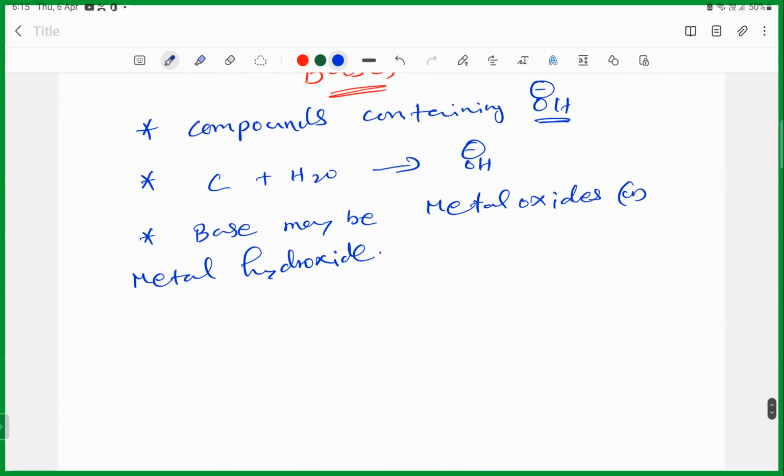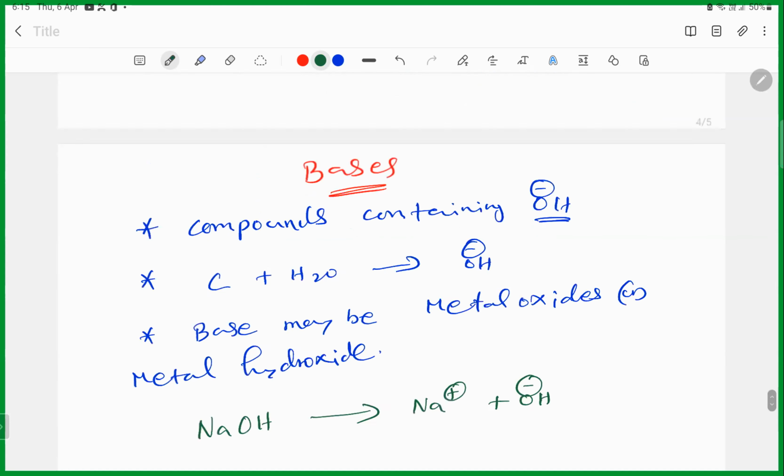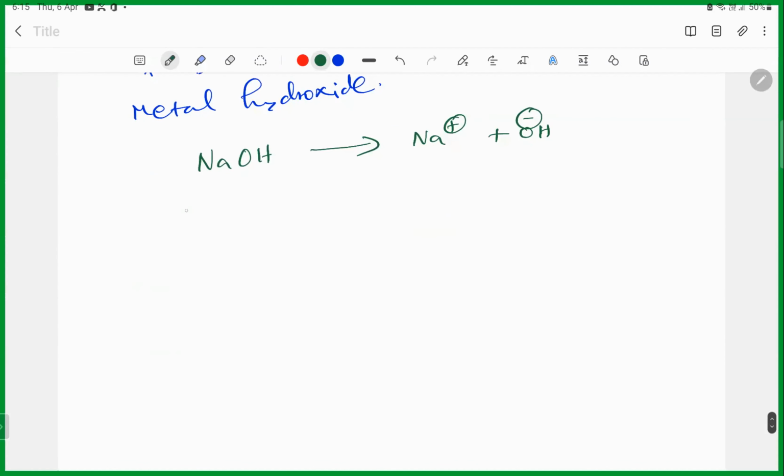So for example, take sodium hydroxide. When you put it in water, it gives Na plus and OH minus. Same way, ammonium hydroxide. When you put it in water, it gives NH4 plus and OH minus.